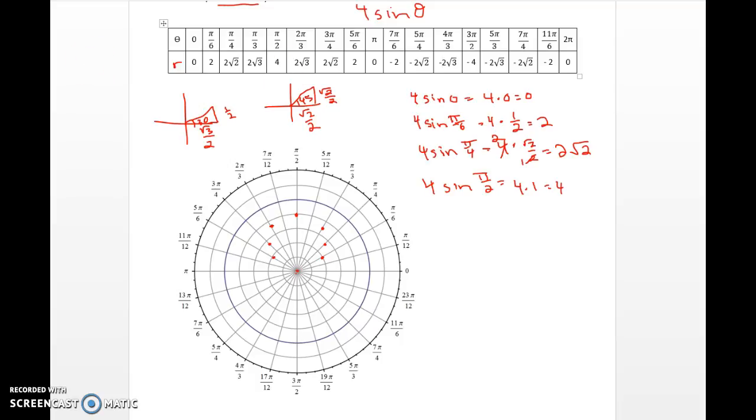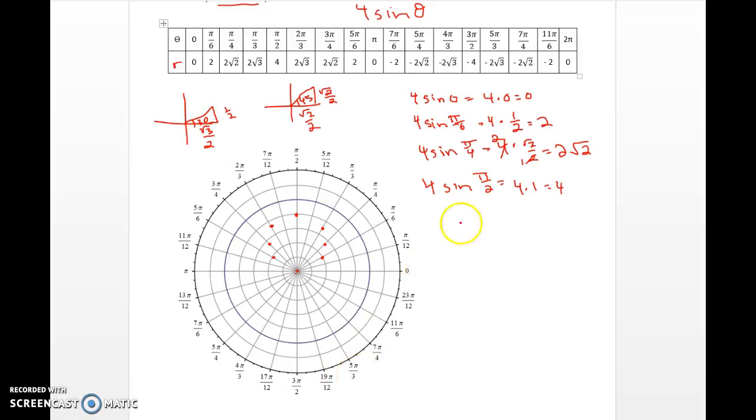So you'll notice in quadrant 3, between pi and 3 pi over 2, all our r's are negative, so we have to go back here, and they're all here. Same thing's going to happen between 3 pi over 2 and 2 pi.